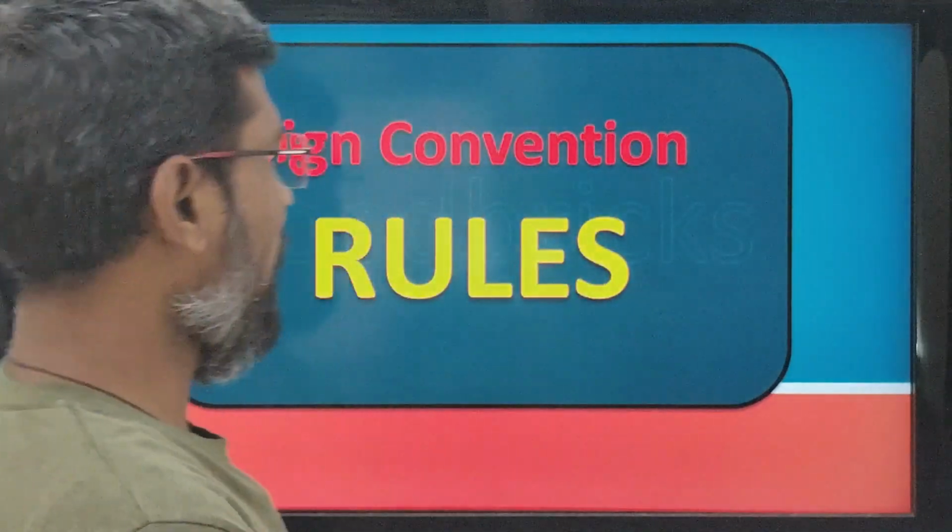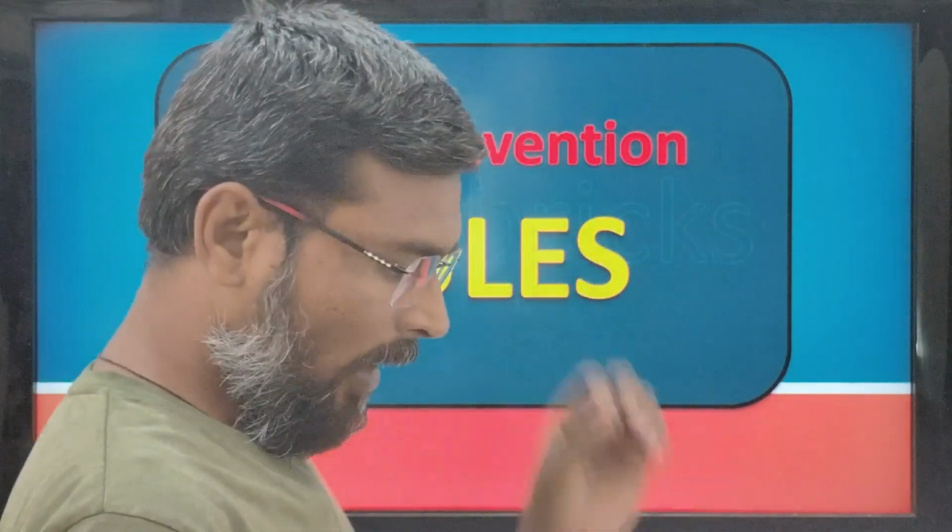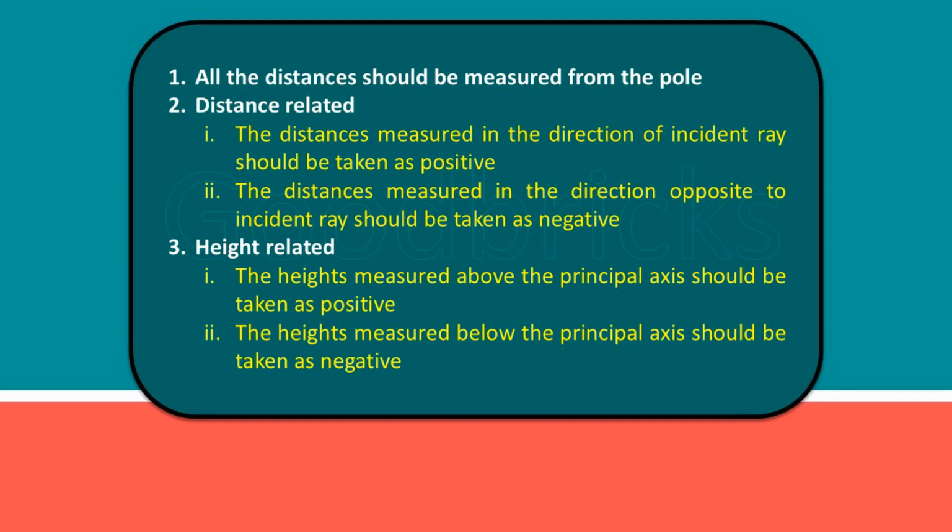Let us now discuss another important topic, that is sign convention rules. And this topic is helpful for 2 lessons. What are they? Lesson 1 and lesson 4. So your first sign convention rule says that all the distances should be measured from the pole. The second rule is related to distance.